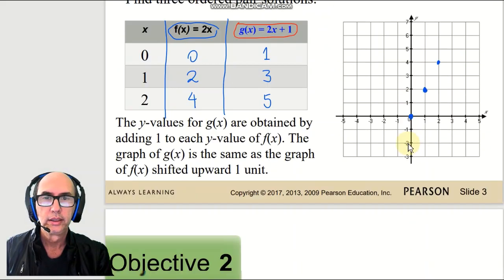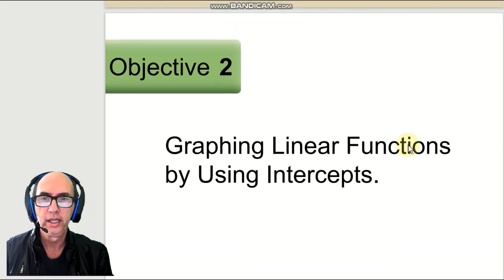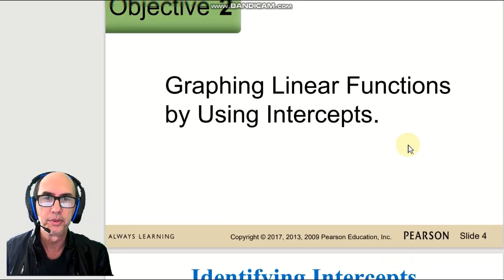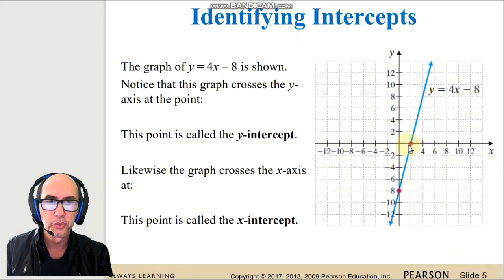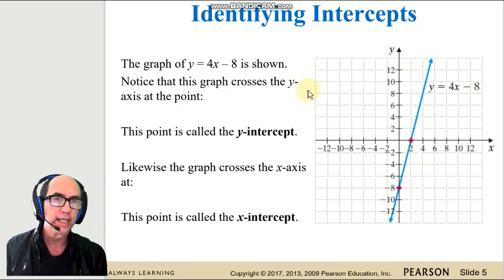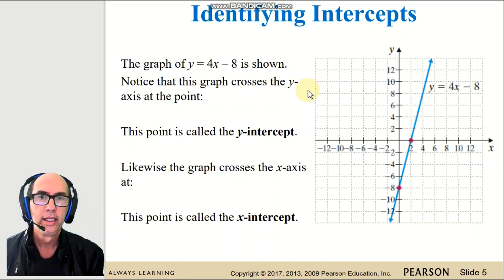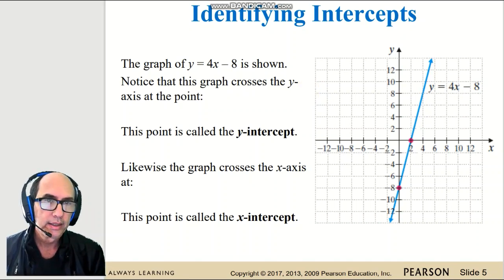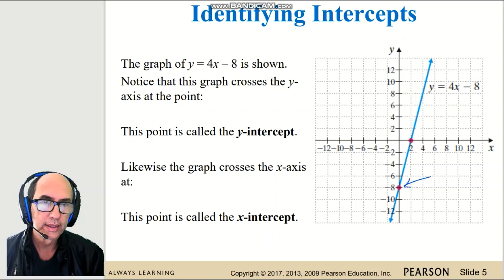Now, next, we will talk about graphing linear functions using intercepts. Intercepts are special points where the graph crosses the x-axis and the y-axis. This point here where the graph crosses the y-axis is the y-intercept, right?